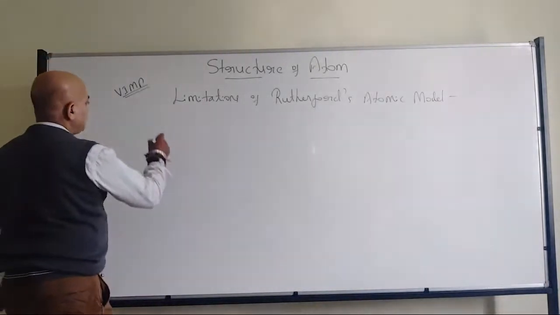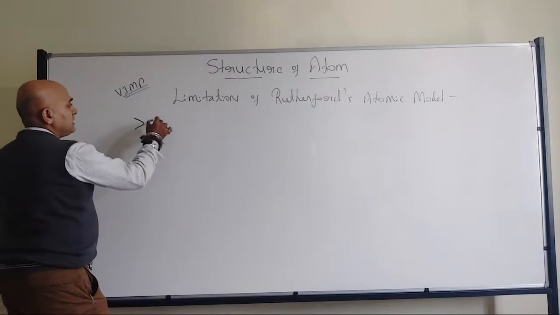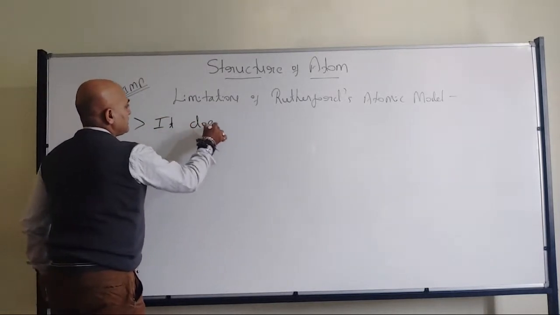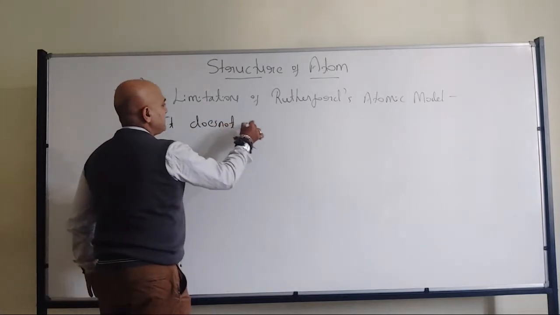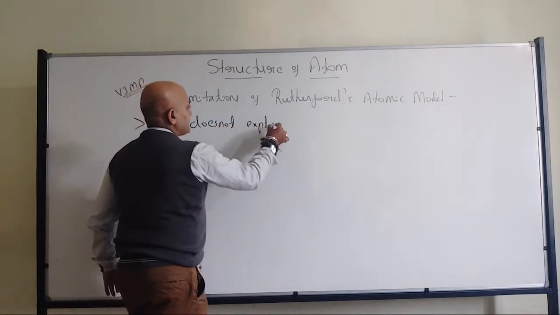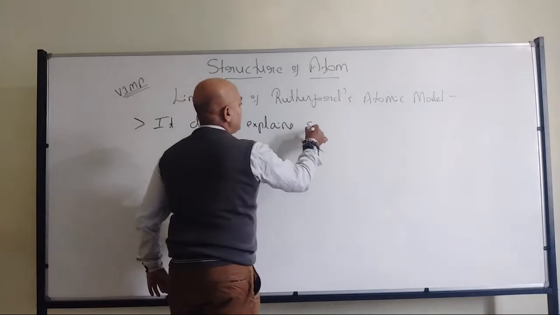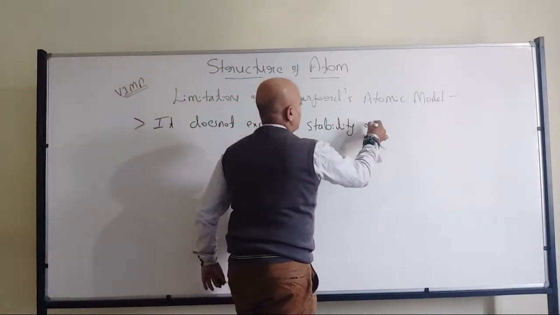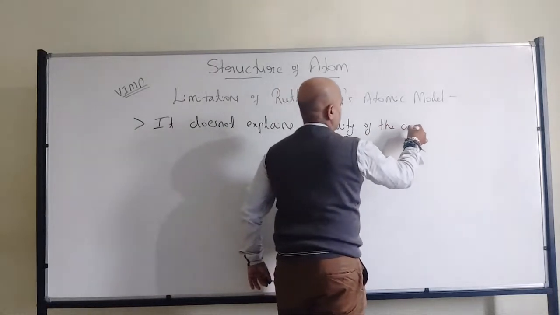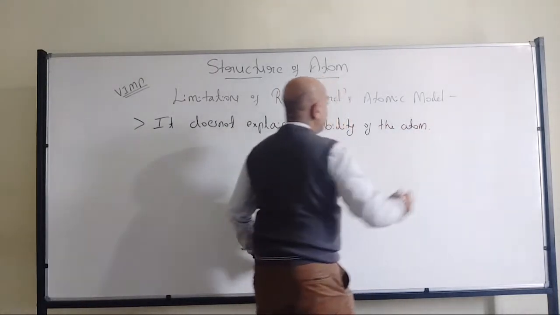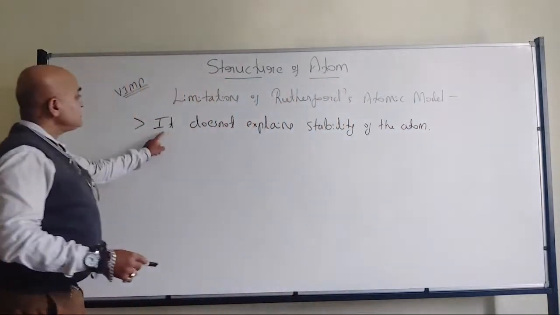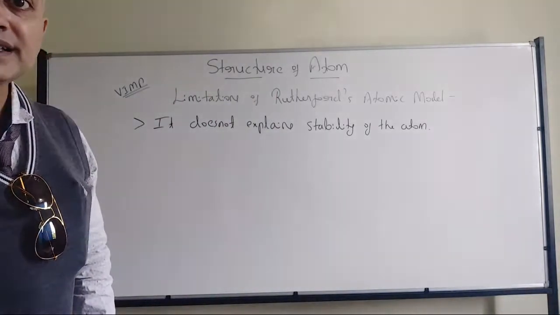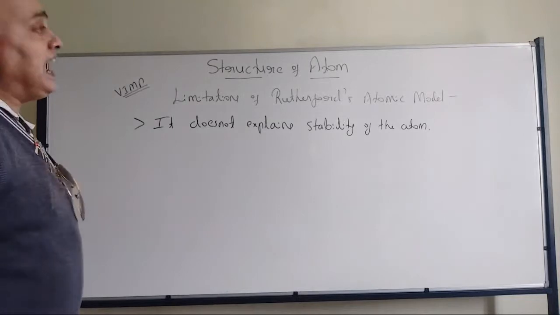Now, first sentence yours should be, it does not explain stability of the atom. Okay, it means what? It means Rutherford's atomic model. So it does not explain stability of the atom.